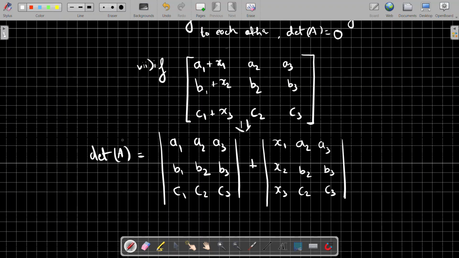So the sum of these two determinants will be equal to the determinant of the original matrix. This is property number 7.